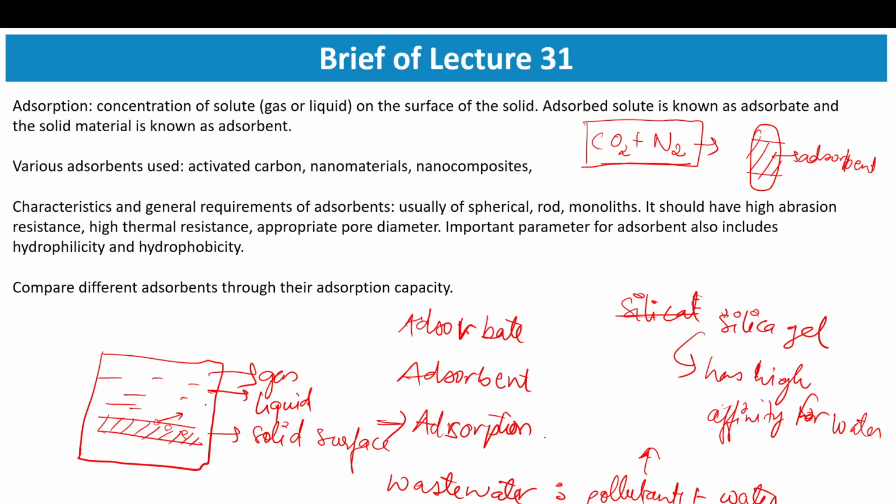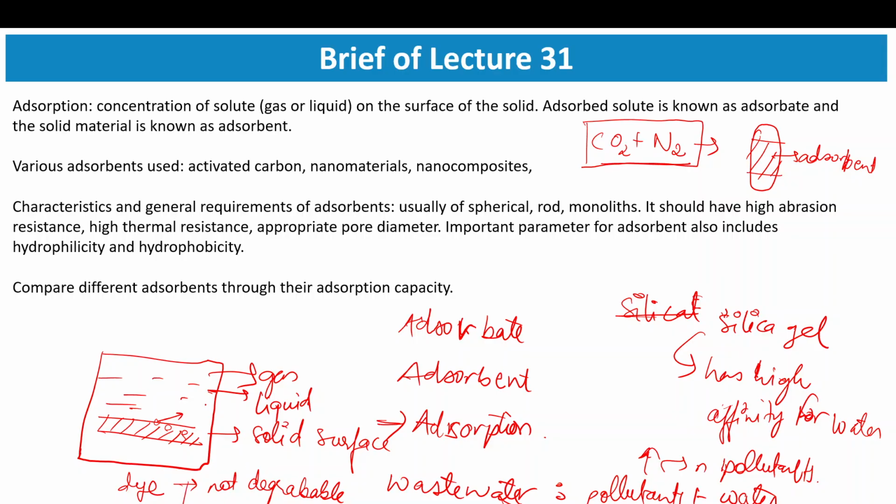Now if we talk about wastewater matrix, then it might have n number of pollutants in it. In that case, it's possible to have specific adsorbents as well. For example, there can be some dyes present which are not degradable by microorganisms, so you cannot use the activated sludge process.